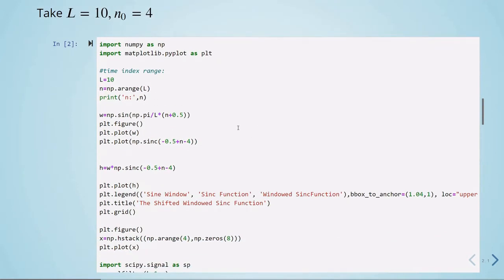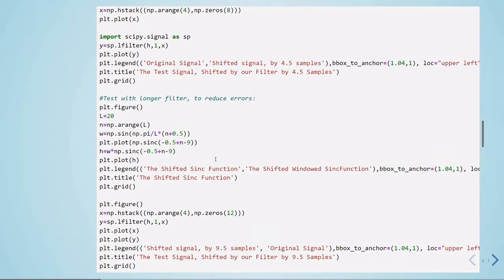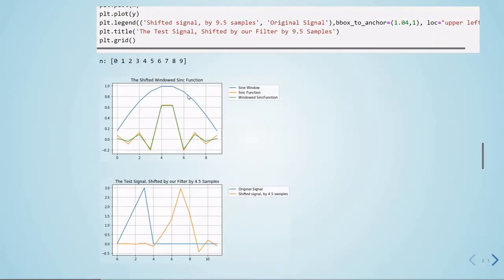Then we apply the window by multiplying it with our sinc function, and this is our resulting impulse response. We plot the sine window, our sinc in orange, and the windowed sinc function in green.